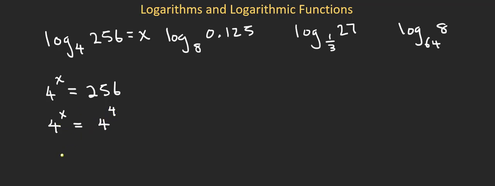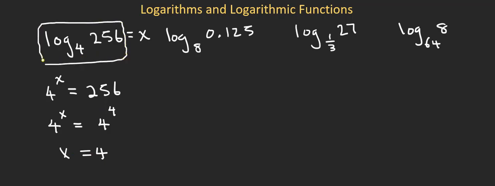So x equals 4, which means that log base 4 of 256 is equal to 4. What about this example? Log base 8 of 0.125. Again, let's make that whole thing equal to x and change it to exponential.